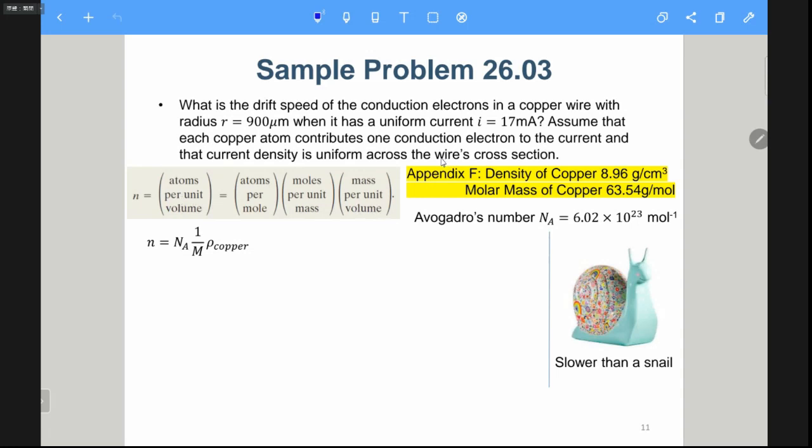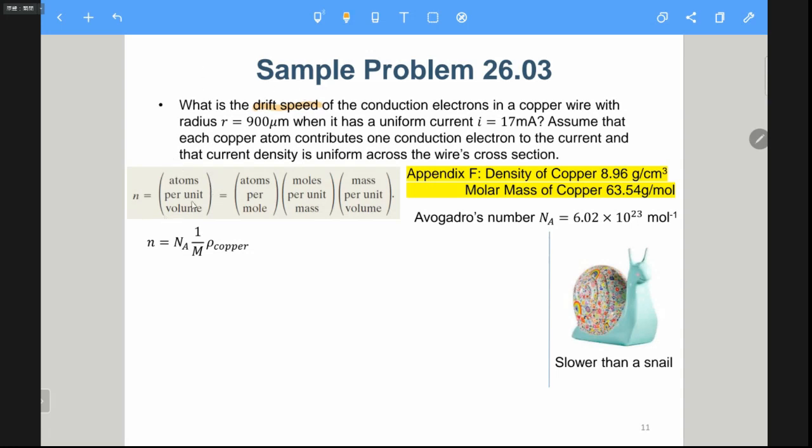In this problem, it asks you to find what is the drift speed inside the copper wire.